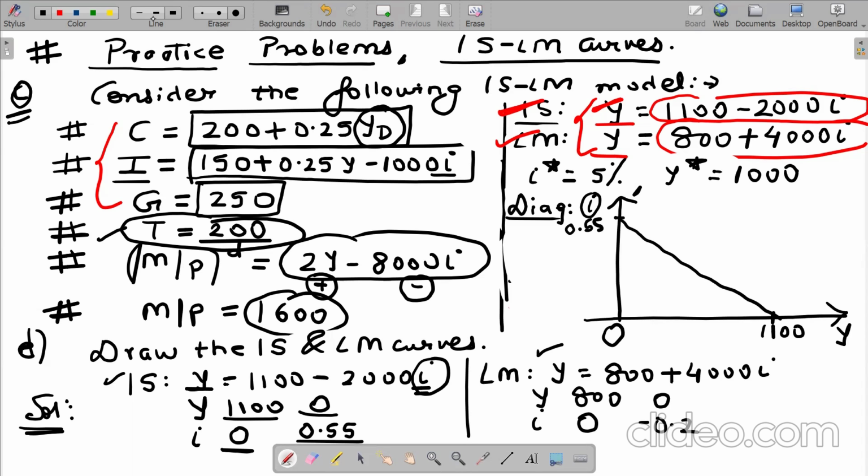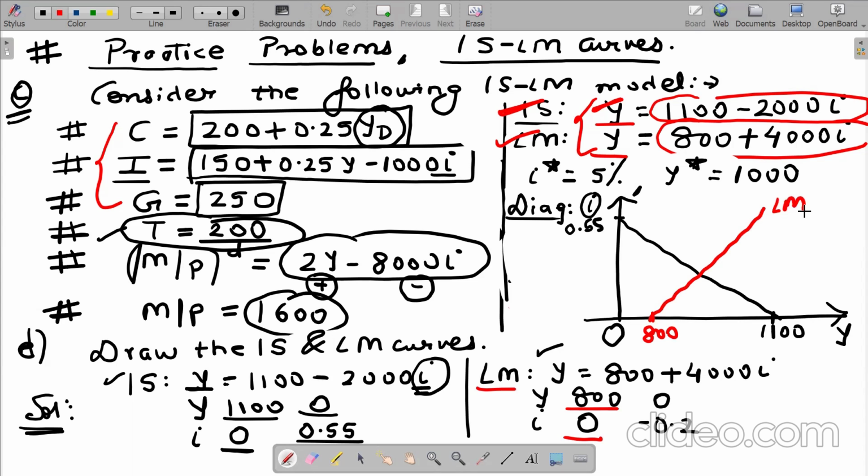And for LM, I use the red color. When I is 0, Y is 800. So when interest rates are 0, output is 800. So I don't need to plot the other intercept. From here only I can make an upward sloping LM curve because I know that my LM curve is upward sloping.